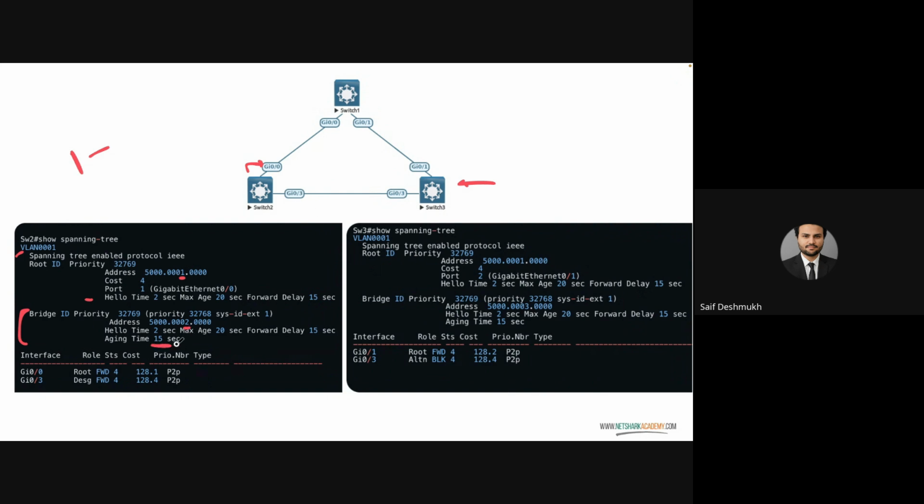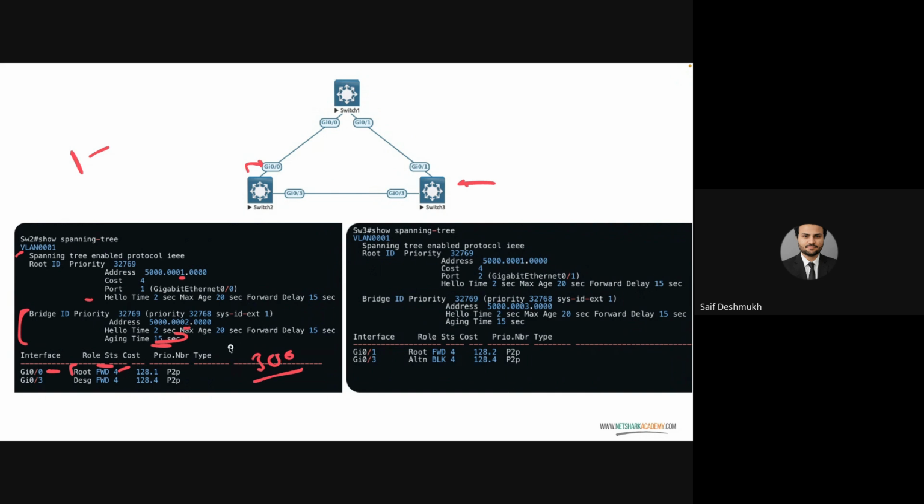Something cool is happening here. We will talk about it. Generally the aging time is supposed to be 300 seconds, but because of something called a topology change, the aging time was 15 seconds. We will talk about it in coming slides. Logically speaking, gigabit 0/0 is my root port, with the role of root port, and it is in forwarding state.